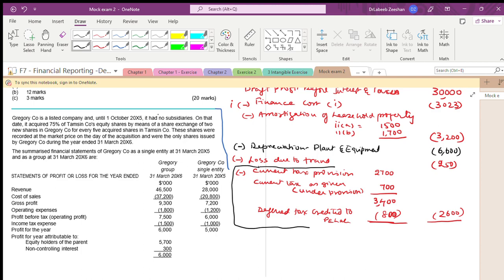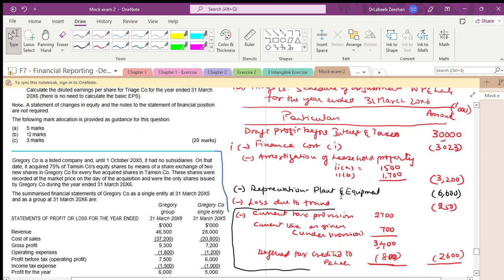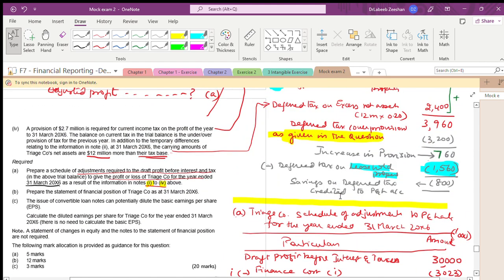700. Now 3,400. In the previous case, on the revaluation, taking everything into consideration, we have provided excess provision.